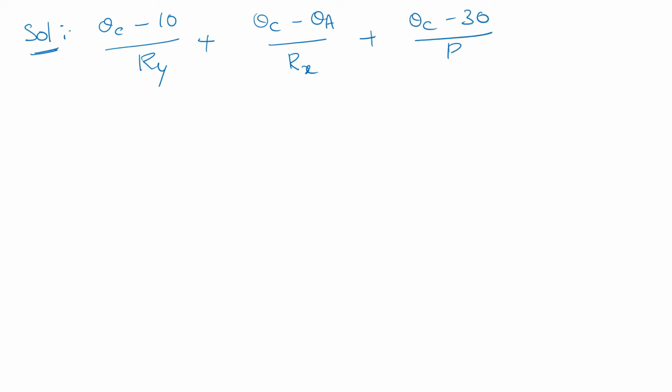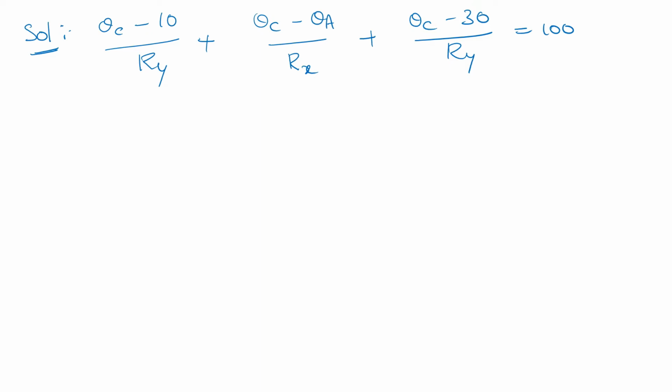Now we are calculating the temperatures of the points A and C. (Theta C minus 10) by Ry plus (theta C minus theta A) by Rx plus (theta C minus 30) by Ry is equal to 100.